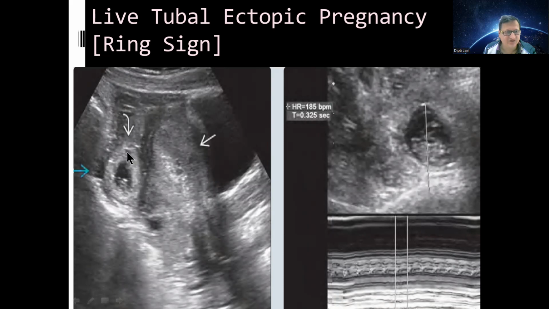This is a case of live tubal ectopic pregnancy, and fetal cardiac activity is also present in this situation. The uterus is separate and has no internal sac in it.